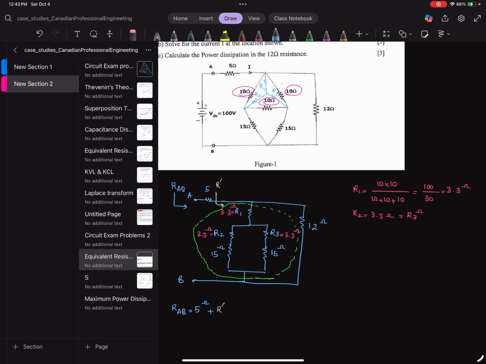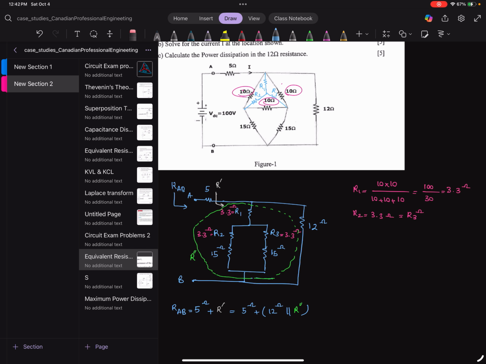So 5 ohm plus 12 ohm in parallel with the red one. I'm going to call it R double prime. Let's move on.